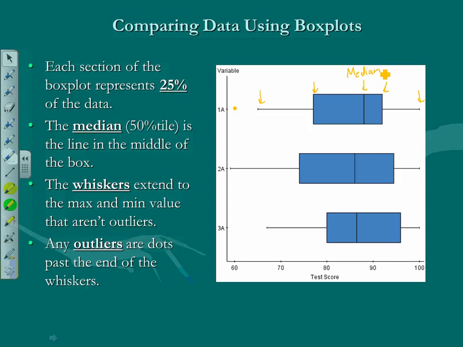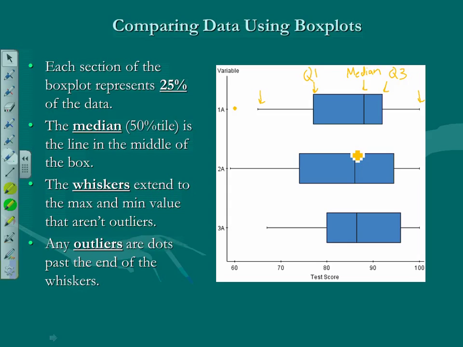We go a little bit further in depth into how my data is distributed because we get this Q1 value and this Q3 value. The Q1 value is just the median of your bottom half of your data. Q3 is the median of the top half of your data.